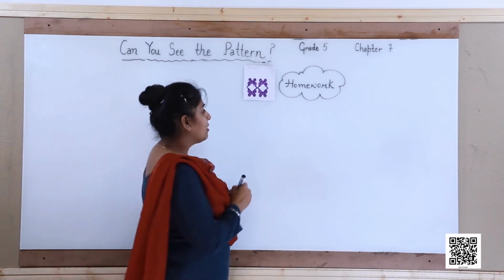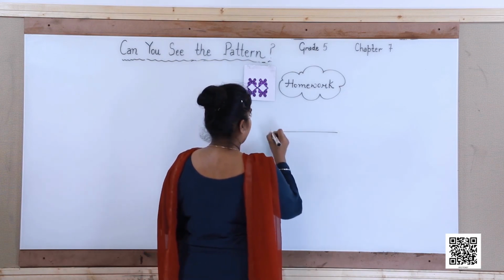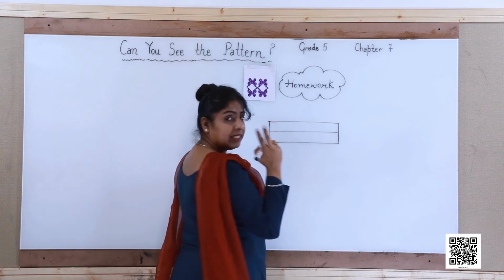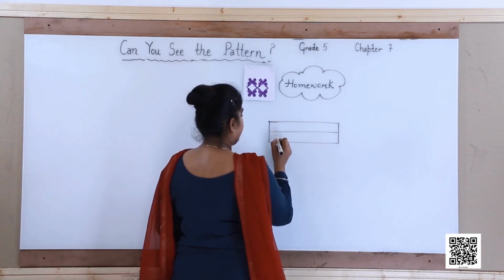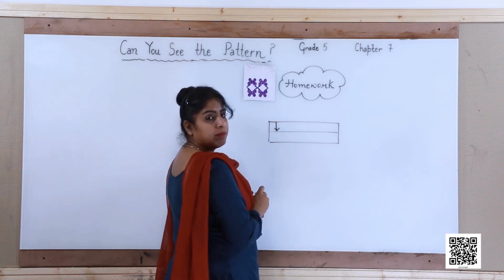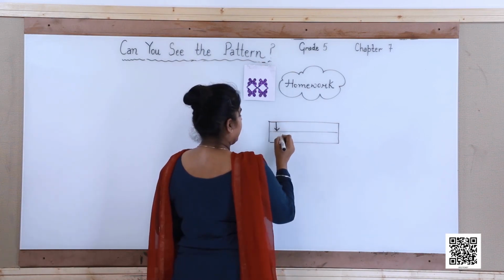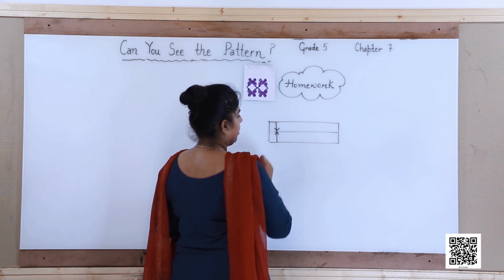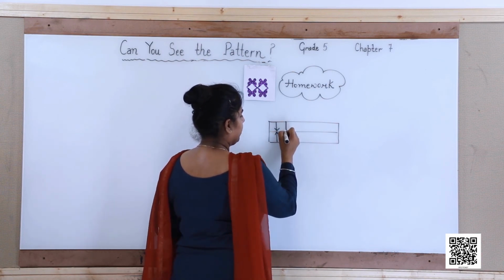This is very simple. I have used this rule. 2 lines, right? Then the upper line I have put like this, that is downward movement and upward movement. Downward, upward.